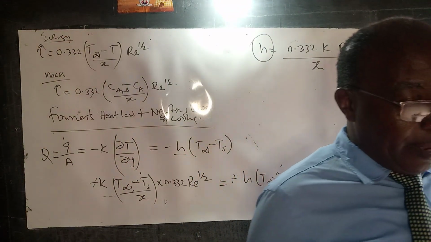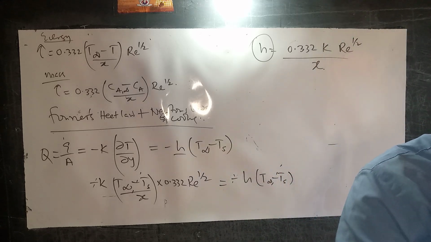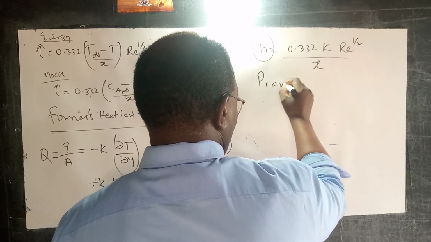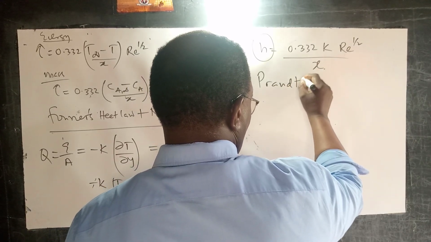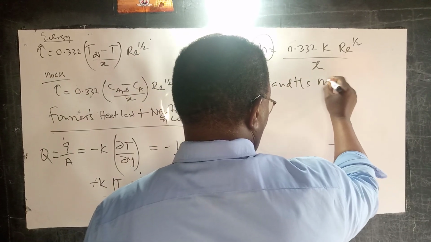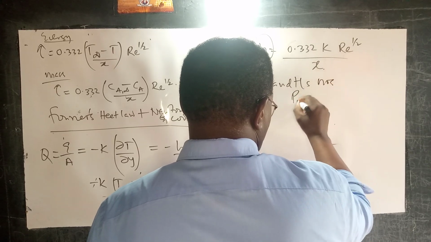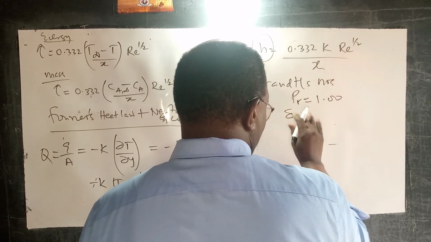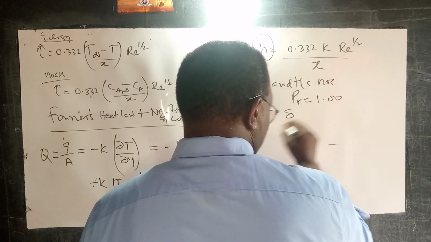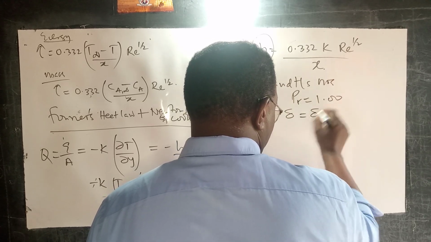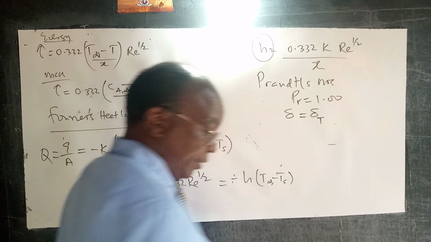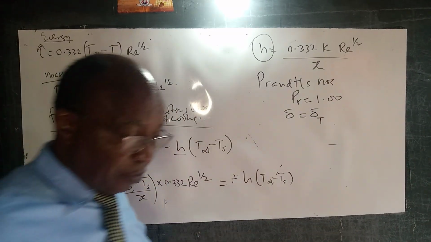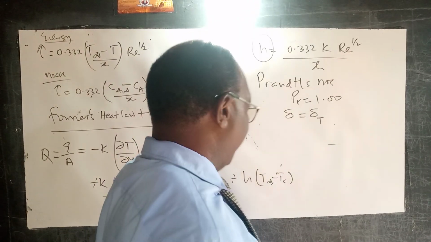Like we mentioned in some earlier lectures, if the Prandtl number is equal to 1.00, then the velocity boundary and the thermal boundary coincide.